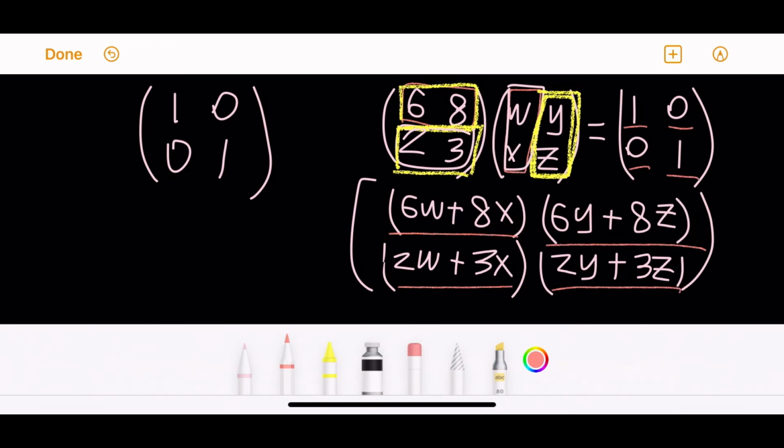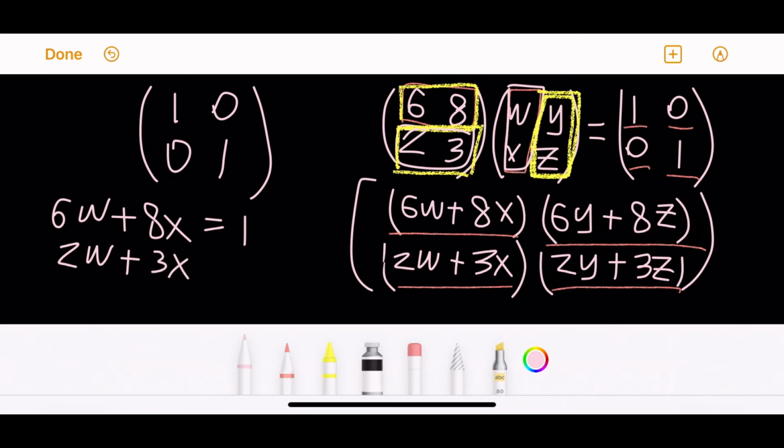So I'm going to write that out here in this space I have. 6w plus 8x equals 1. And then I'm going to write the second one over here, 2w plus 3x equals 0.